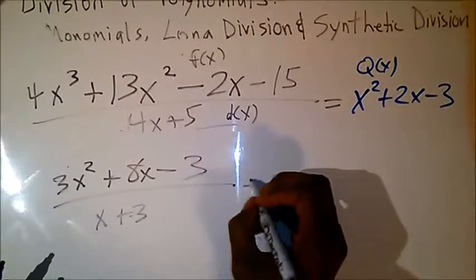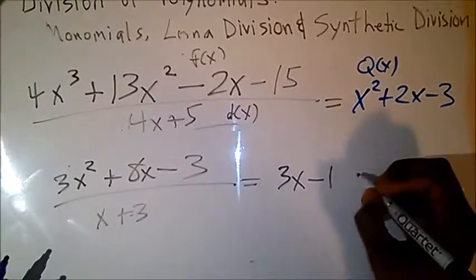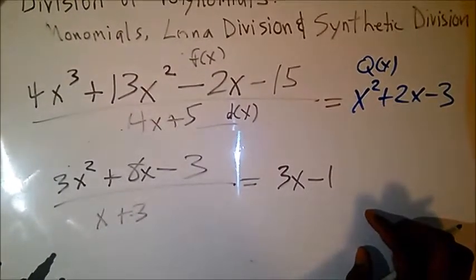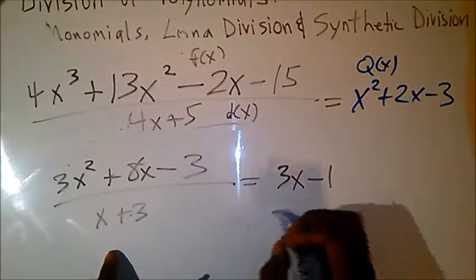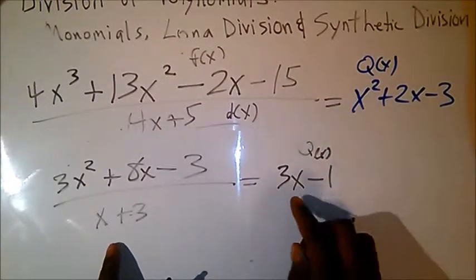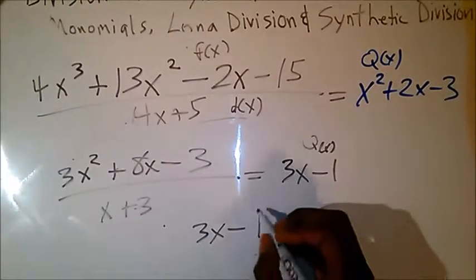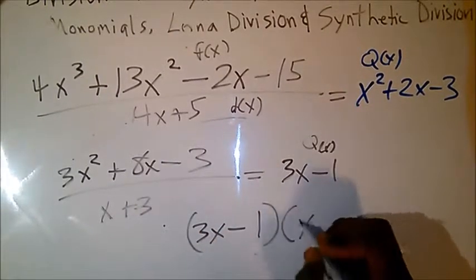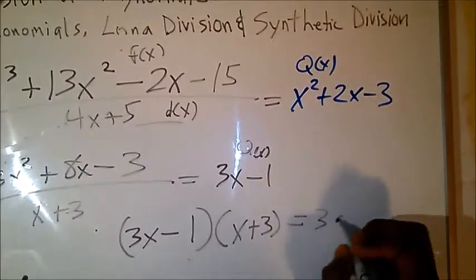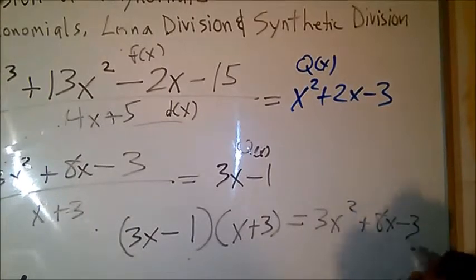Remember that one? And we had a 0 remainder. Our quotient was 3x minus 1. So the factors 3x minus 1 and x plus 3 multiply to give 3x squared plus 8x minus 3.